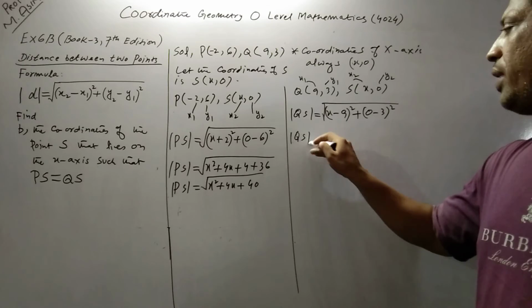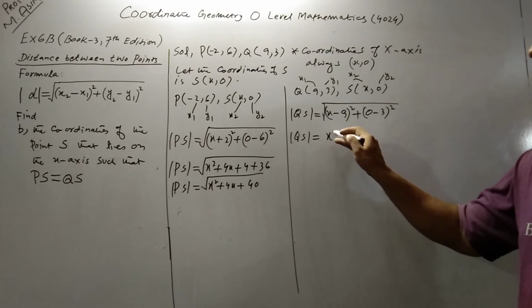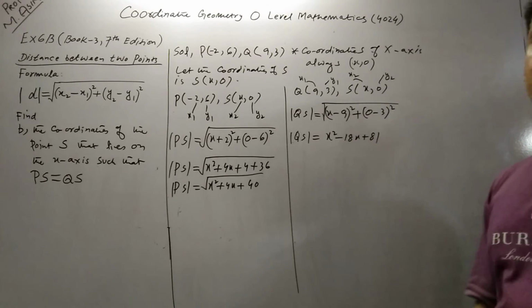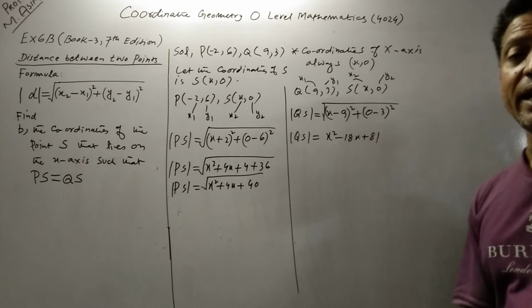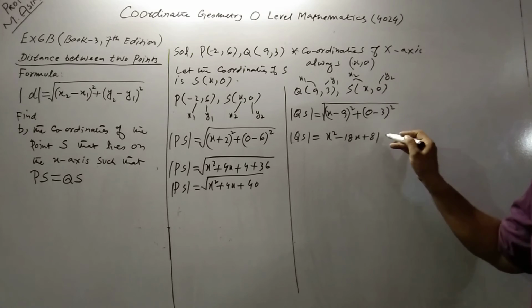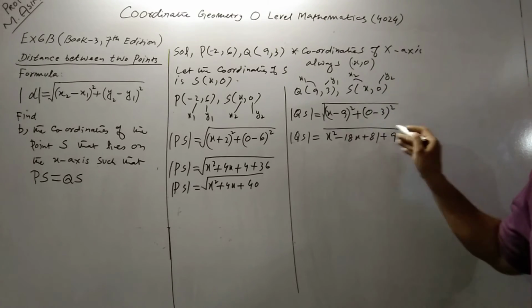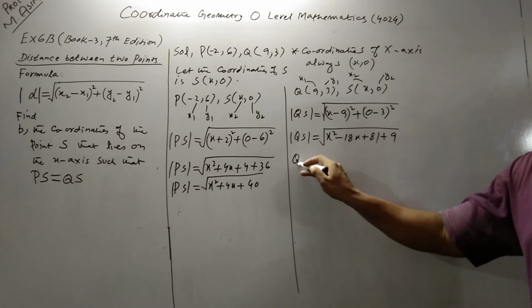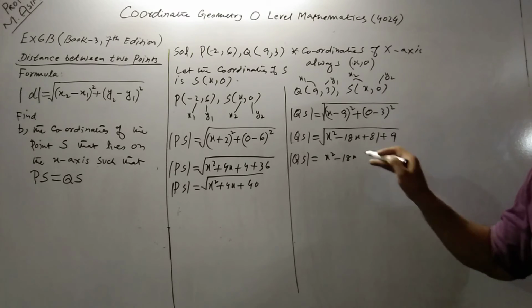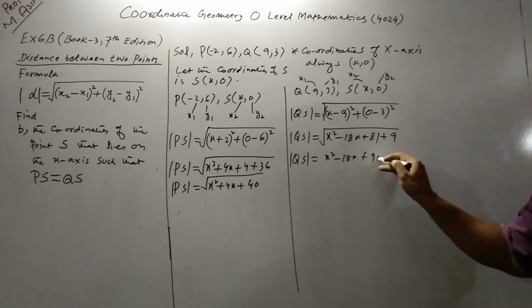QS is equal to x minus 9 whole square, which is x square minus 18x plus 81. I am applying the direct formula. 0 minus 3 is minus 3, square is 9. So QS is equal to the square root of x square minus 18x plus 81 plus 9, which is 90.